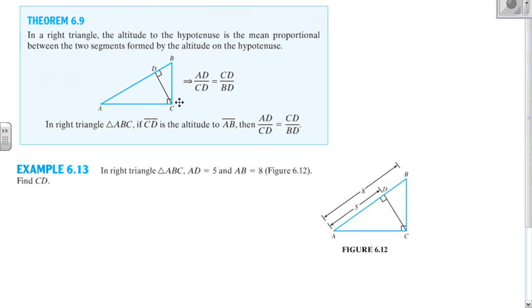So what that means is CD, the altitude, is the geometric mean of the two segments that it creates from the hypotenuse, AD and DB.